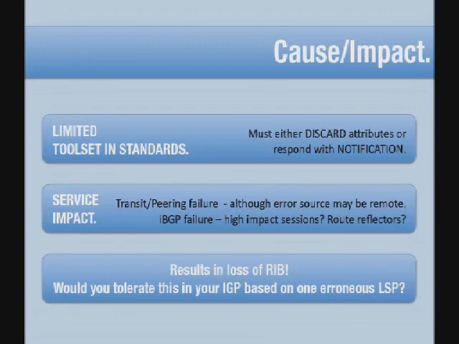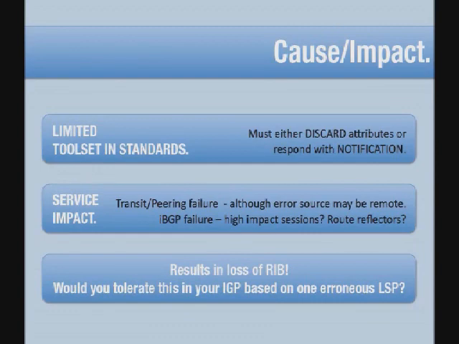At the moment, you've either got to discard an attribute that you thought was erroneous, or discard the update with all the implications of that, or respond with a notification. It's not that an implementation is ignoring a more flexible way to do it. Actually, there isn't a more flexible way to do it at the moment, and for us to amend that, we really need to have one.